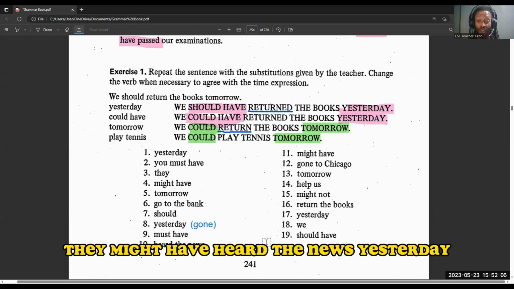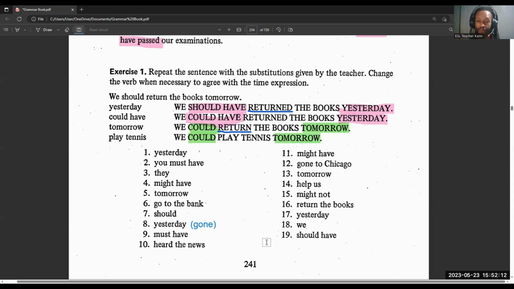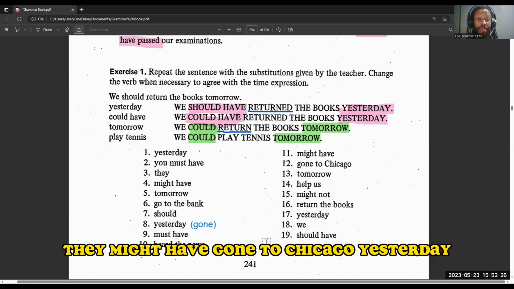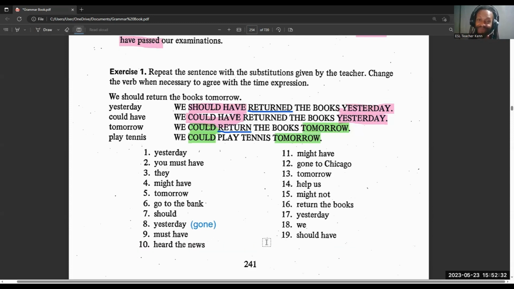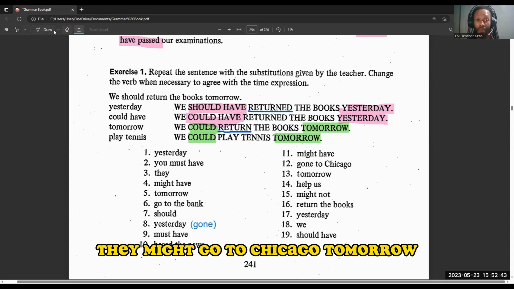They might have heard the news yesterday. Gone to Chicago. They might have gone to Chicago yesterday. Tomorrow. They might go to Chicago tomorrow.